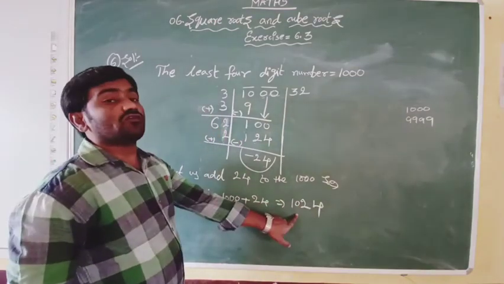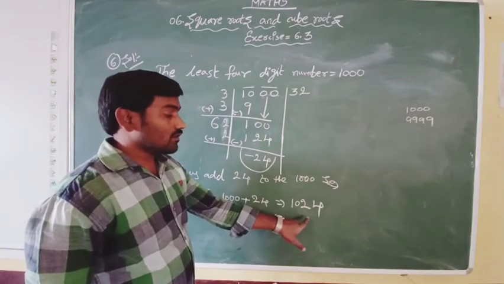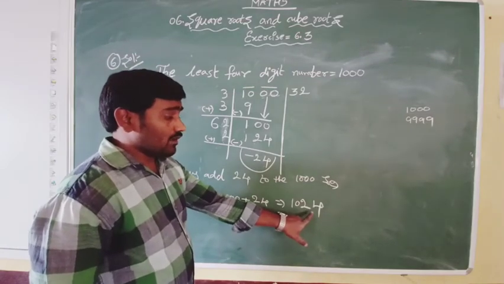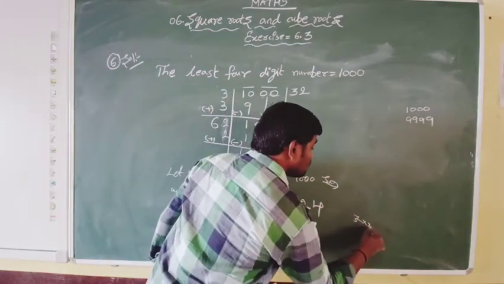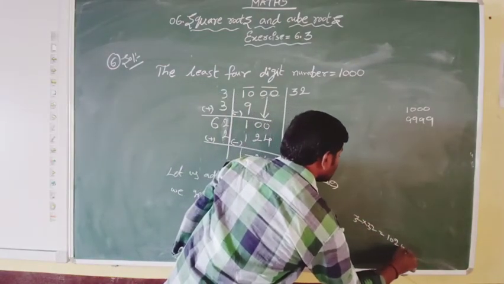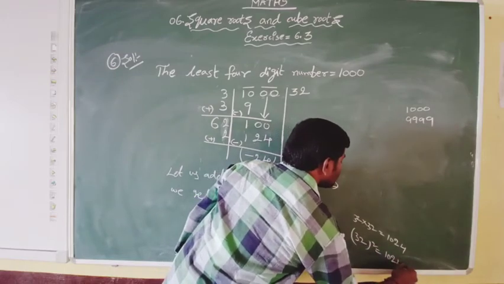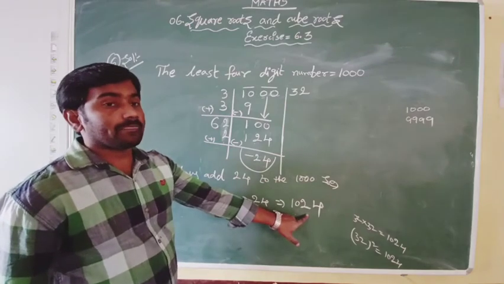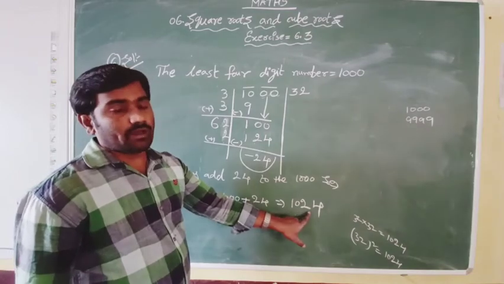This 1024 becomes a perfect square, and this is the least 4-digit perfect square number. 32 into 32 is 1024. 32 whole square gives us 1024.